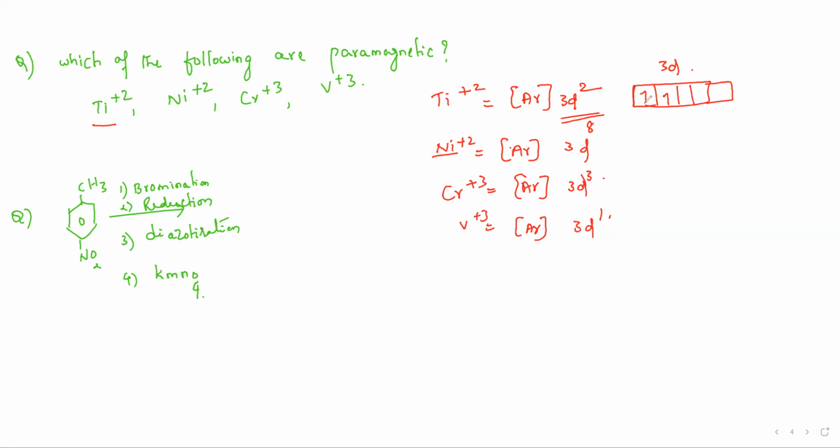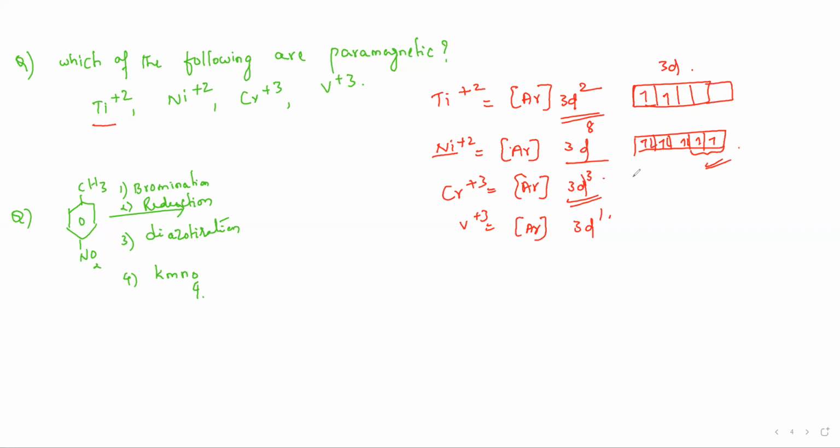So it has unpaired electrons, so it is paramagnetic. Similarly, here it contains 8 electrons, which can be written like this. Two unpaired electrons are here.